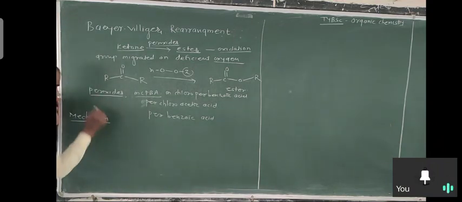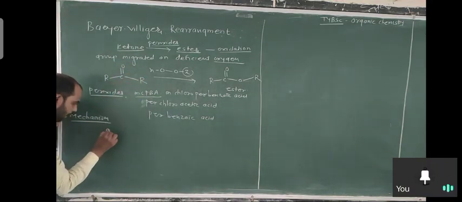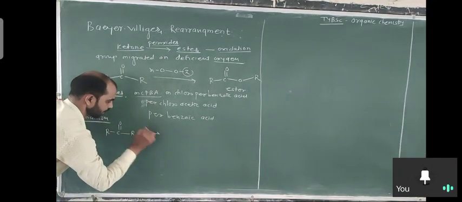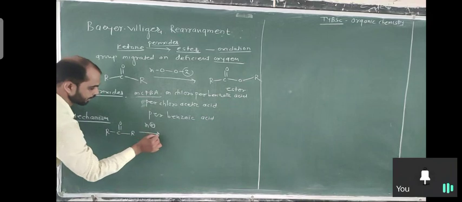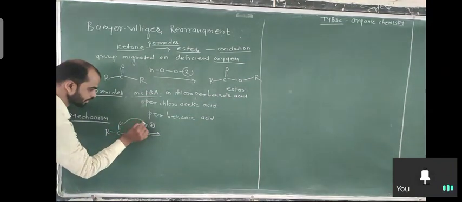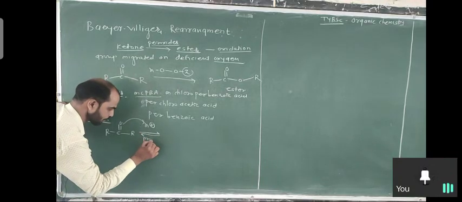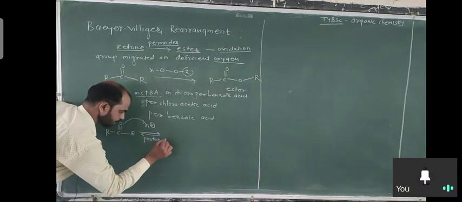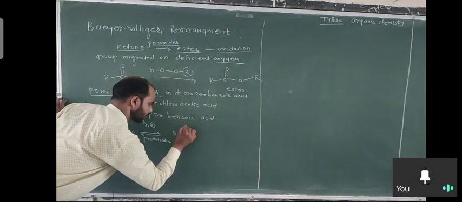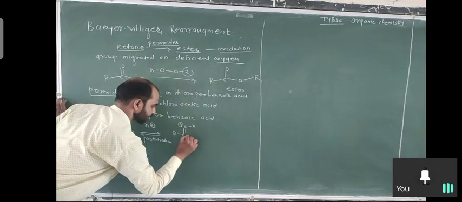So look here, we use ketone, R, C double bond O, R. First of all, it is an acid catalyzed reaction, meaning the oxygen is protonated first. So it is a protonation. After protonation, we get this one.